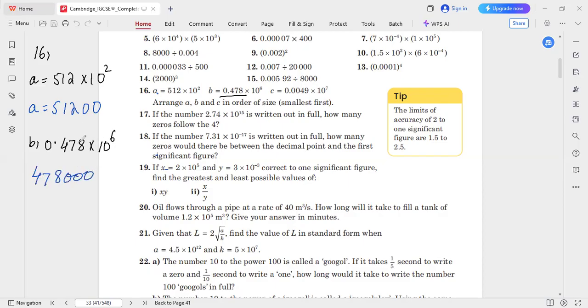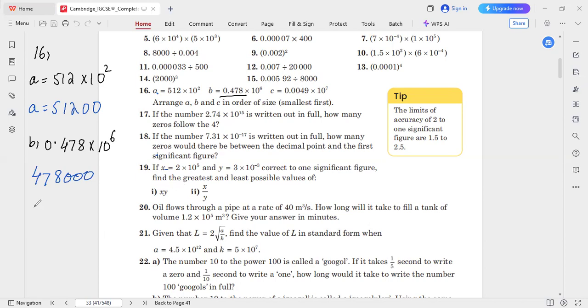After the decimal point we already have three digits and this is 10 power 6. So 6 zeros, of which 3 zeros have already been used to convert these three digits without the decimal point, and then after that, three more zeros. In this way, you can write it as a full number.